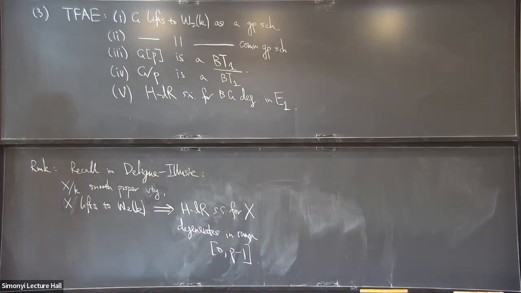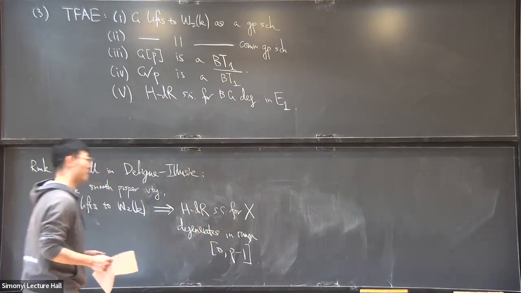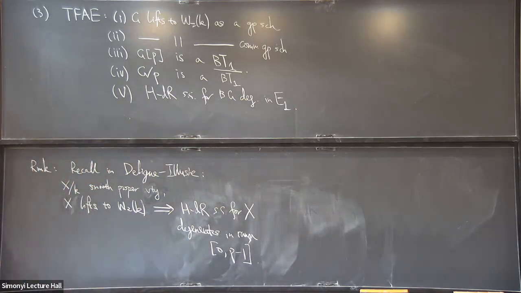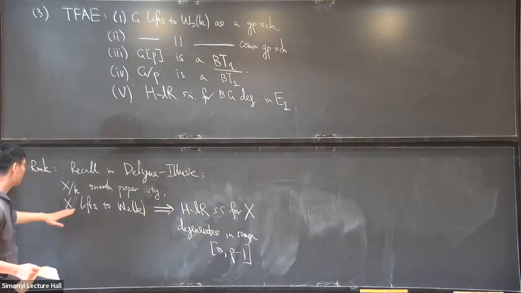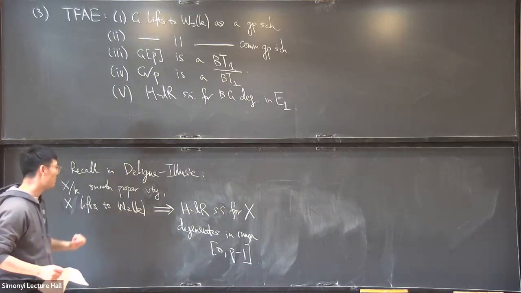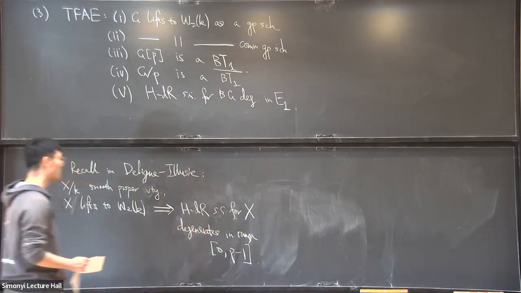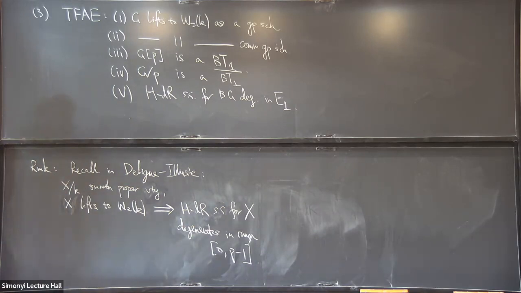Okay, so this is, and then I'm not sure, I think I heard this question from Varga whether one could just have a BG which lifts to W2 but doesn't have Hodge to de Rham spectral sequence degenerate for a commutative G or something.